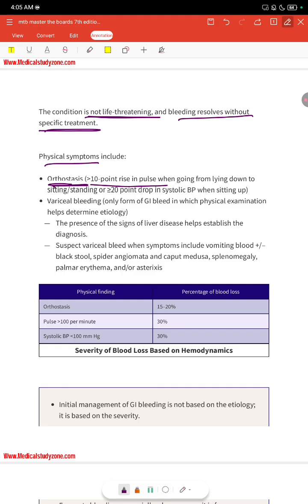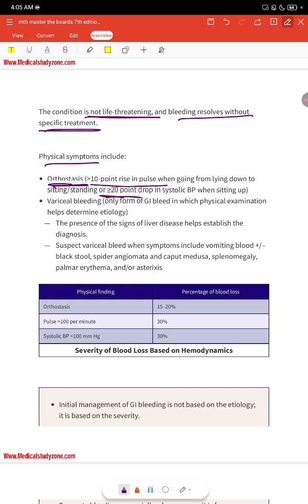If a person is lying down and you make him or her sit or stand, and the pulse rise of that patient is more than 10 points, it means that there is orthostasis. Or in terms of systolic BP, if there is a drop of 20 points or more when sitting up, it is also considered orthostasis.